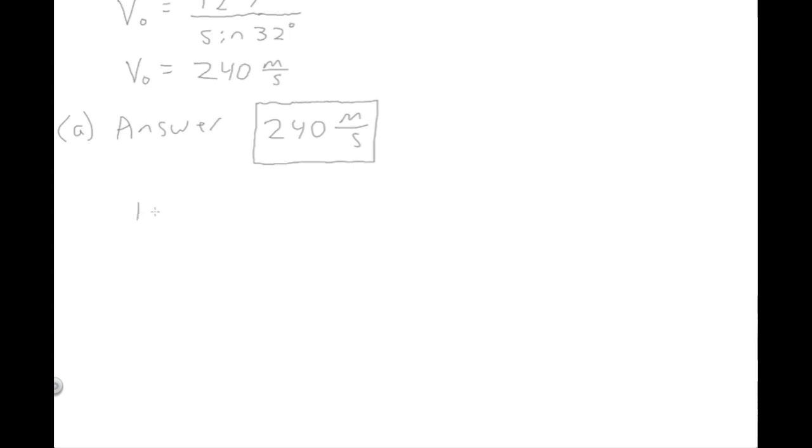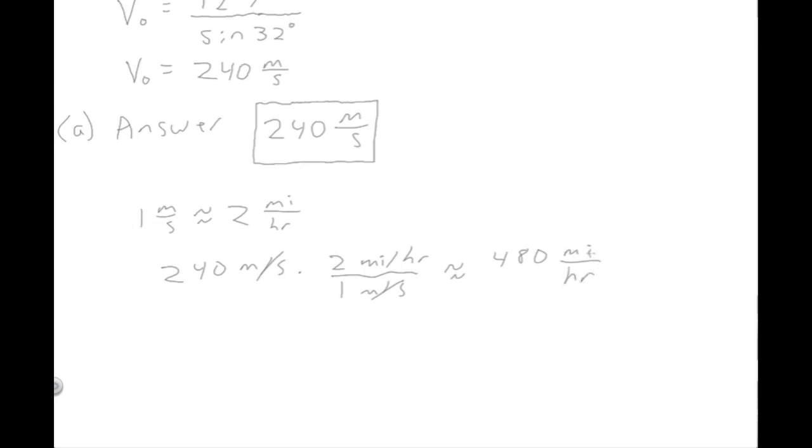1 meter per second is very roughly 2 miles per hour. So we could do a quick, rough conversion that 240 meters per second is approximately 480 miles per hour.